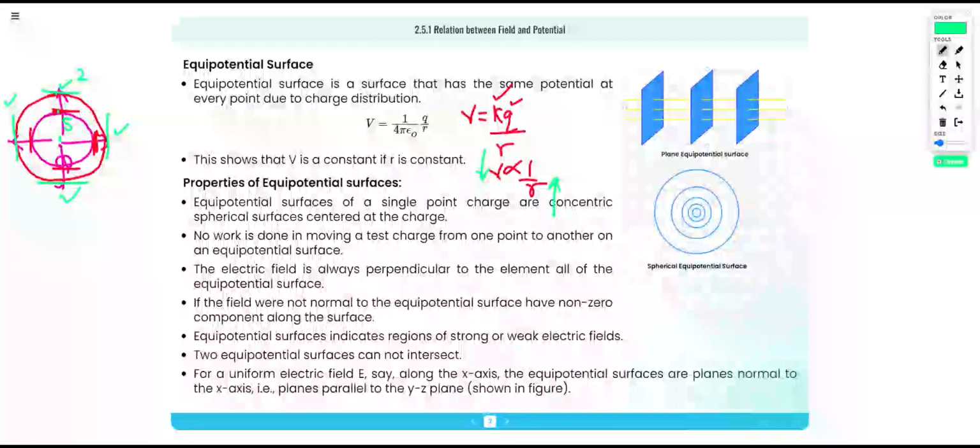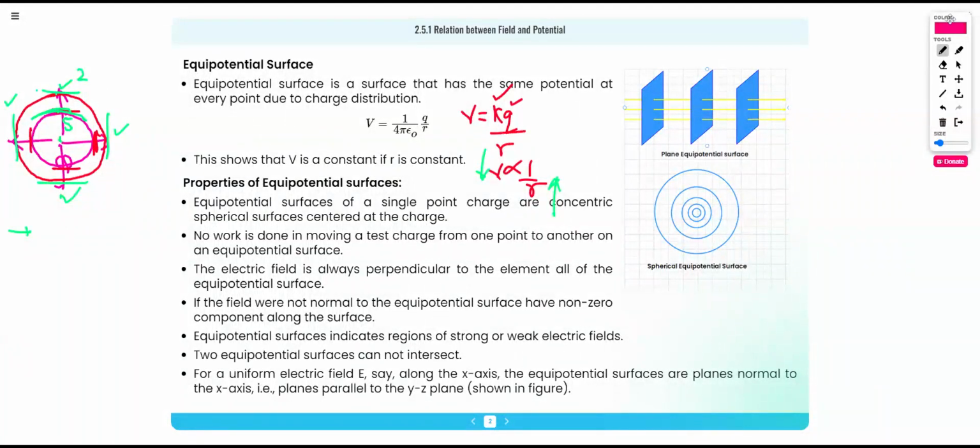If R is greater, V will be smaller. Here the value of V will be greater, and here the value of V will be smaller.